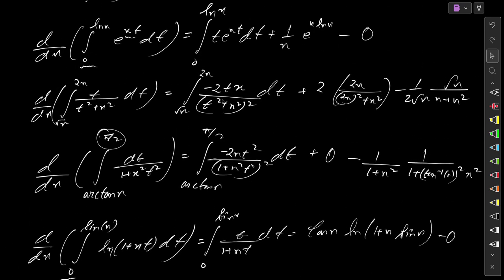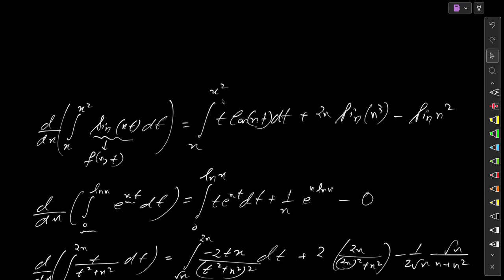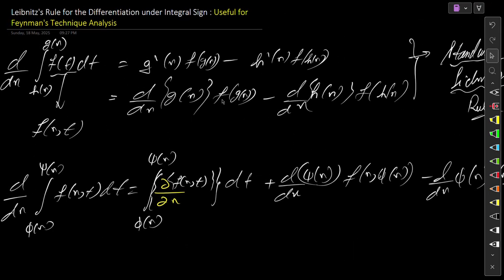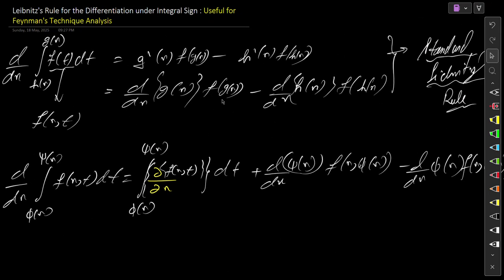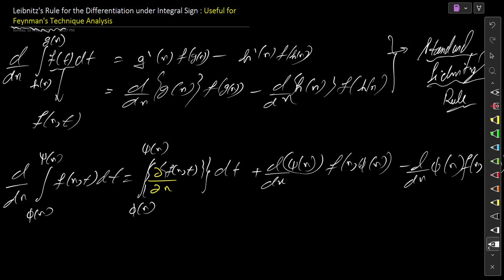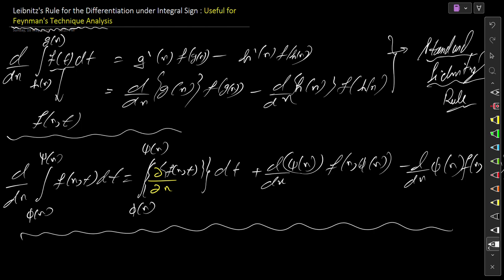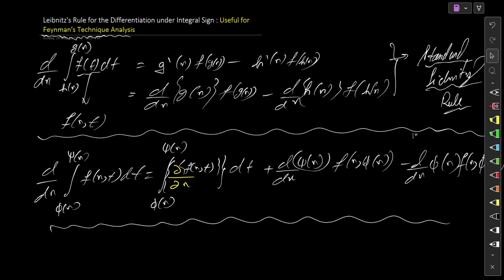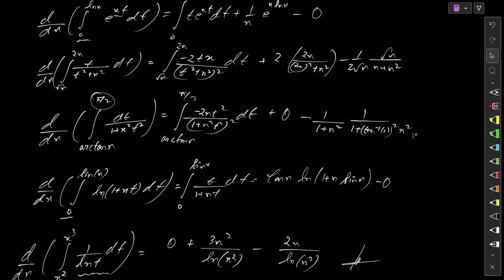So this is how we can evaluate it. This technique is so useful that in the upcoming Feynman technique analysis, we can use it more and more efficiently. And this is one of the most important things in calculus.